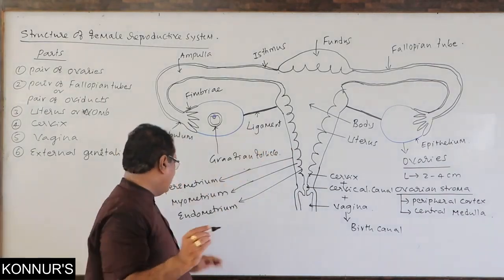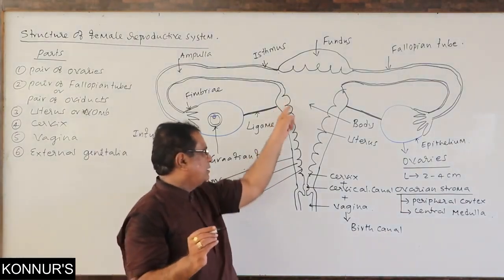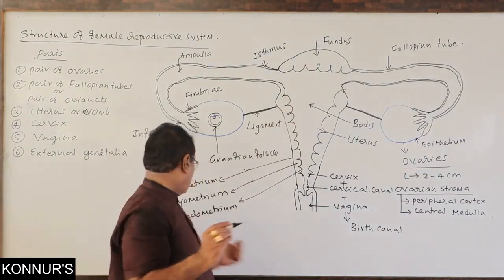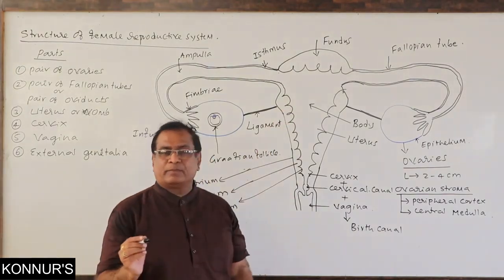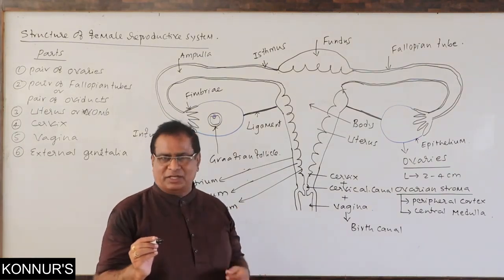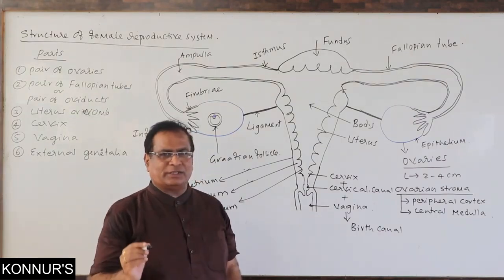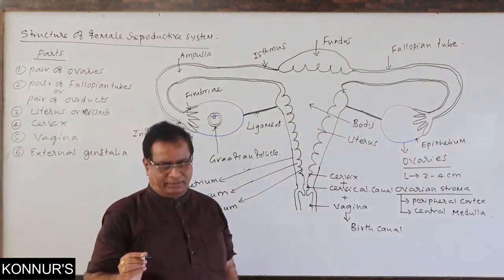And the inner lining is the glandular endometrium. This inner layer gets damaged and reformed during the cyclic changes of the menstrual cycle.